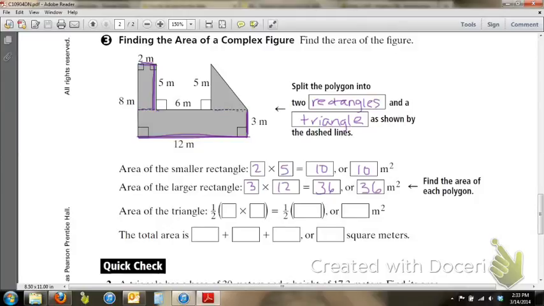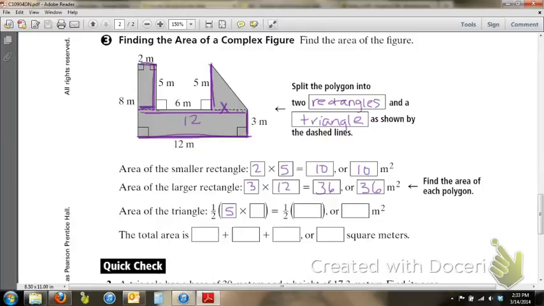Now the triangle up here, I know that one side of the triangle is 5. This other side of the triangle, I don't know what that is. So I know one of them is 5, but I can figure this out, because if this whole piece at the bottom here is 12, this whole piece here will also be 12.